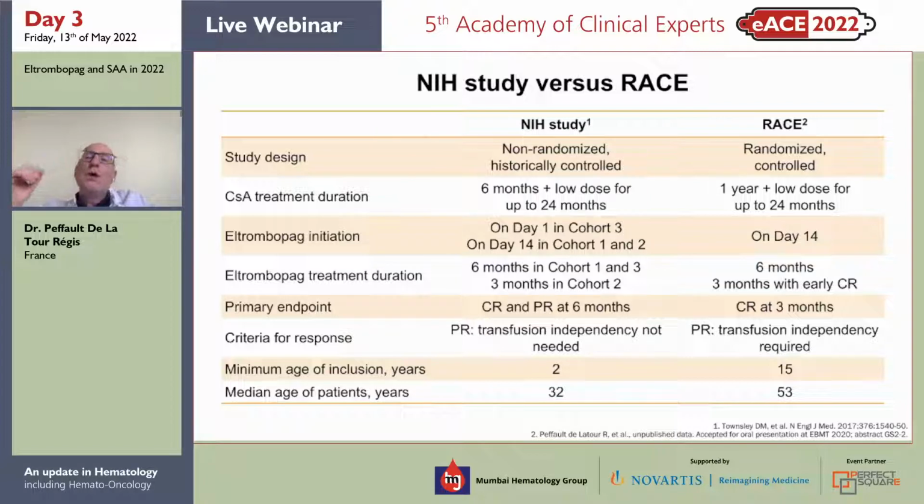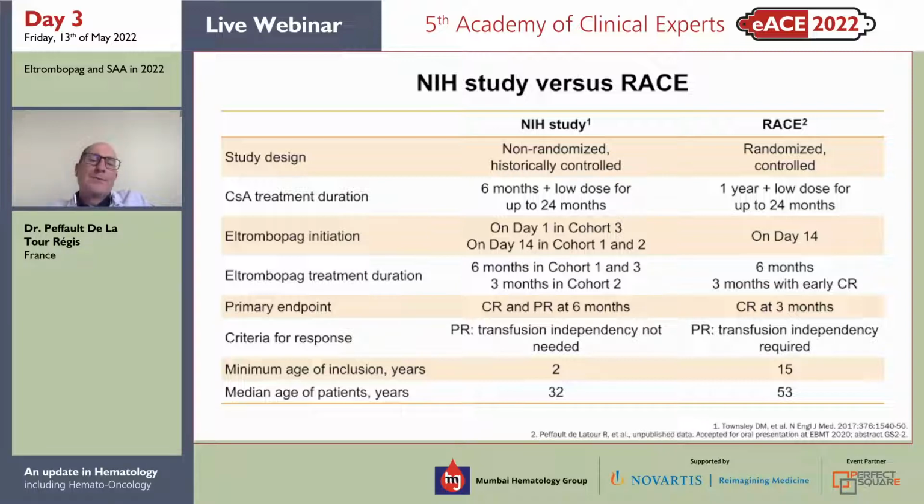As I told you, we tried to have as little exposure to the thrombopoietin agonist as possible. So basically, we gave 3 months of treatment if patients came to complete remission, or 6 months if they were not in complete remission at 3 months. The primary endpoint was complete remission at 3 months to be sure that all patients who entered the eltrombopag arm received full dose for 3 months.